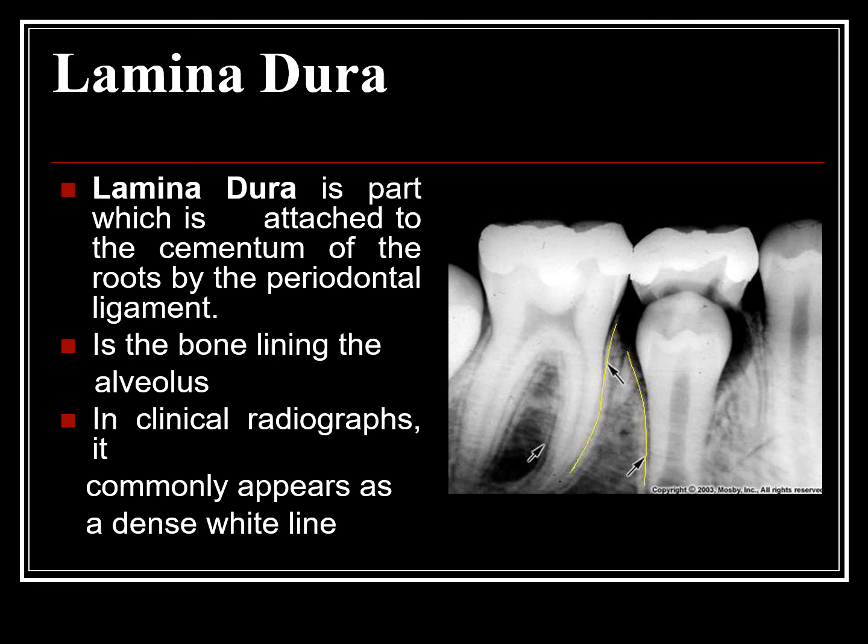It is the bone lining the alveolus, and in clinical radiographs it commonly appears as a dense white line, which you can clearly see around the molars in the figure depicted, and also around the tooth adjacent to the multi-rooted teeth, which is known as the premolar. This yellow line is known as the lamina dura.